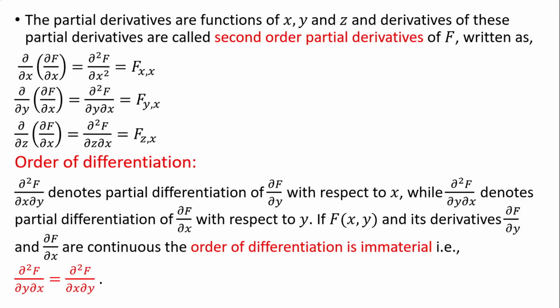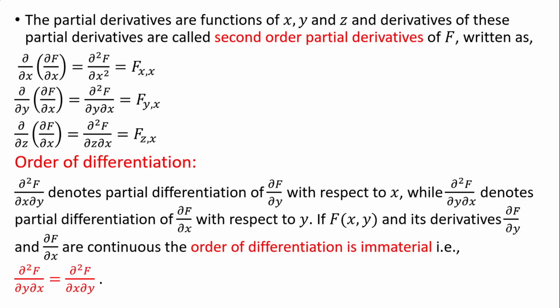Particularly concentrate upon f_yx. It denotes ∂²f/∂y∂x. That means partial differentiation of ∂f/∂x with respect to y, f_yx. Similarly, f_zx denotes ∂²f/∂z∂x, the partial differentiation of ∂f/∂x with respect to z.